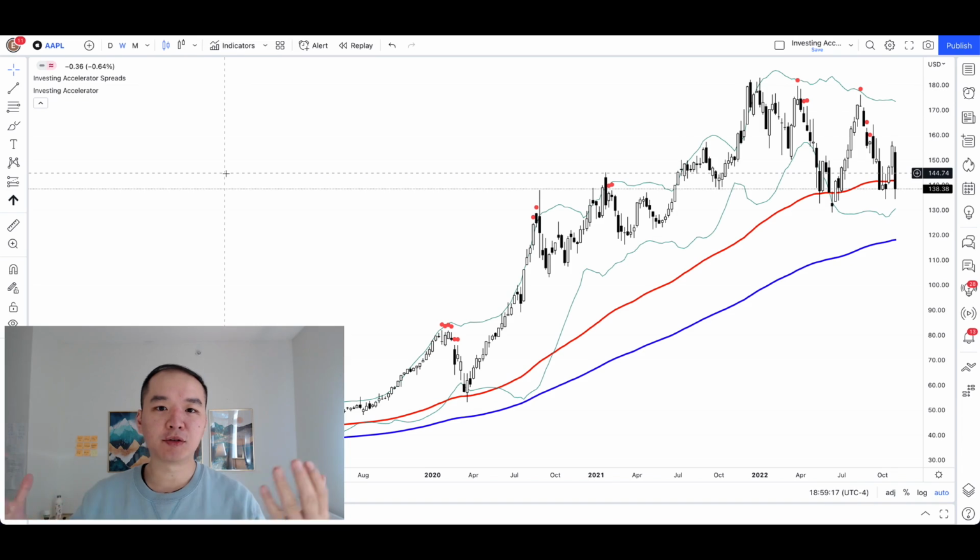So let's talk about what a covered call is. A covered call is having 100 shares of something, and then afterwards you sell an option contract, selling a call, and you earn an interest premium over a period of time.